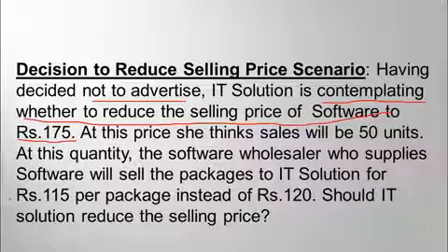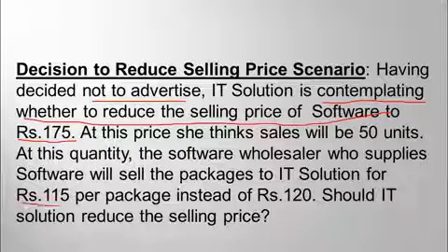Now at this price, they think that sales will be 50 units. If they reduce the selling price, sales will increase to 50 units. At this quantity, the software wholesaler who supplies the software will sell the package to the company for rupees 115.